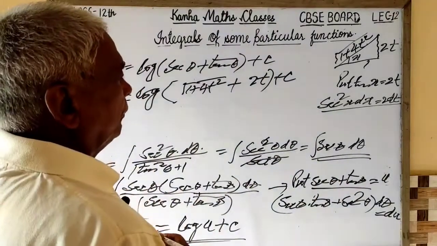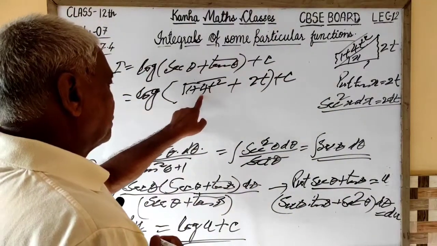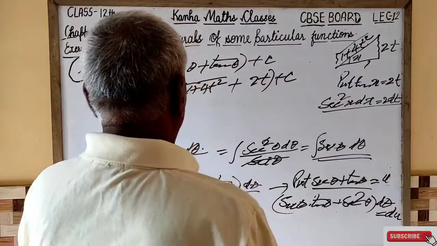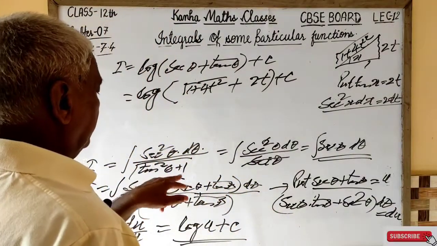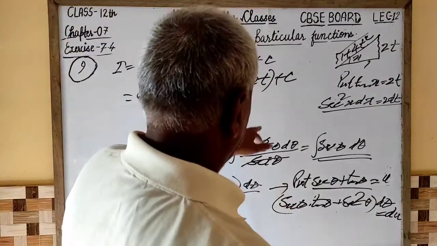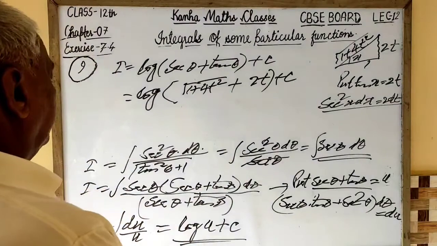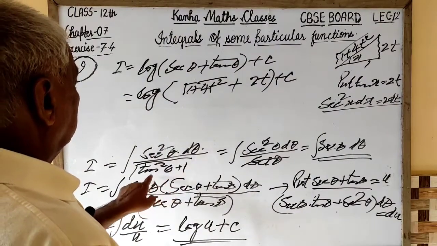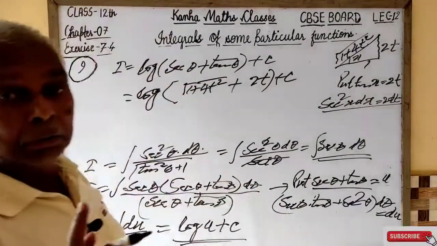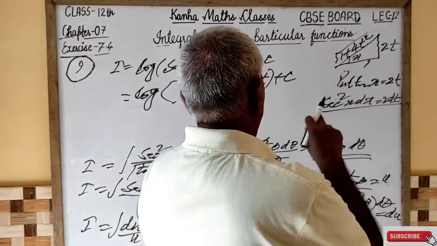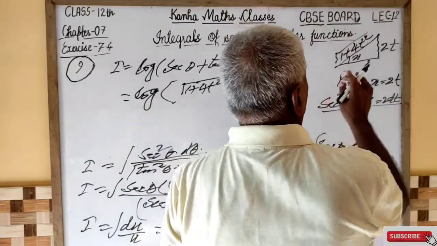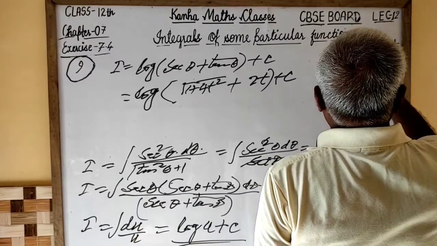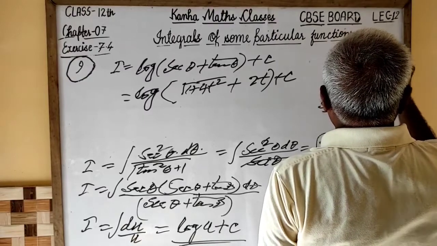Now again we will resubstitute the value of t, because we have here substituted t is equal to tan theta, not x. In the previous substitution we had tan square theta plus 1, and this will become 1 plus t square.